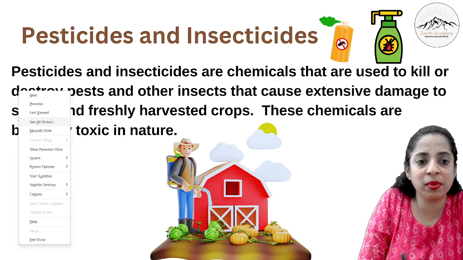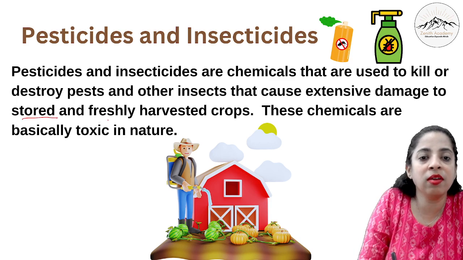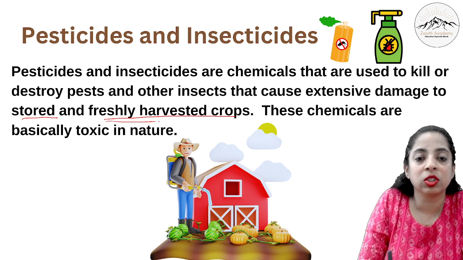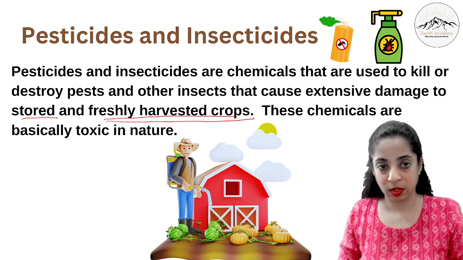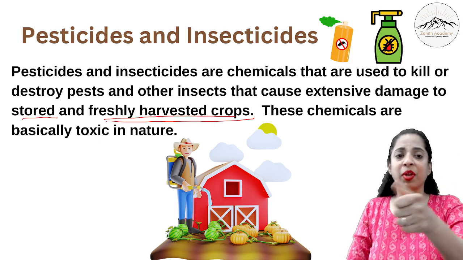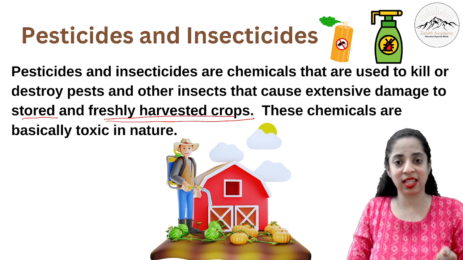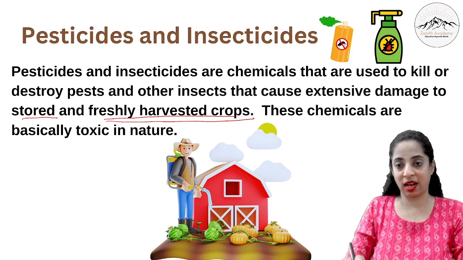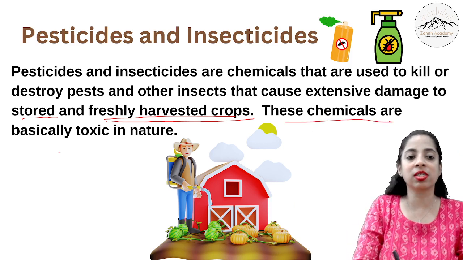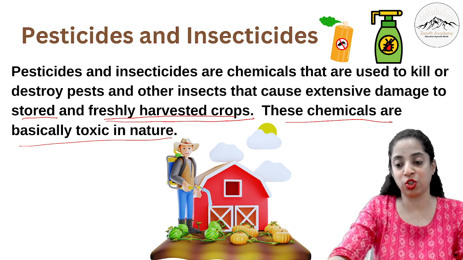Wherever the crops are stored, you sprinkle pesticides and insecticides there, and once you have harvested the crops, then you spray that. Now these chemicals are basically toxic in nature.